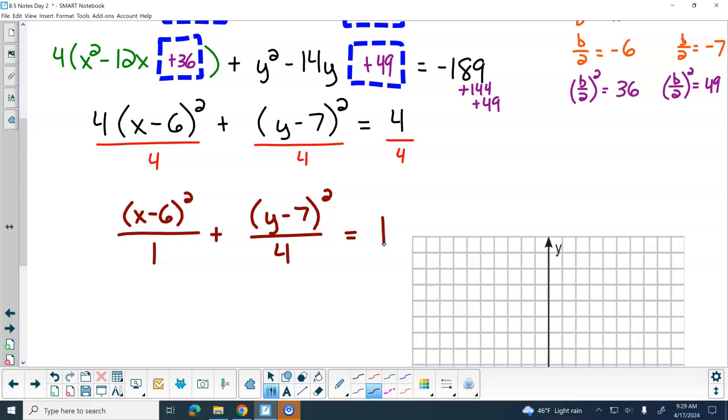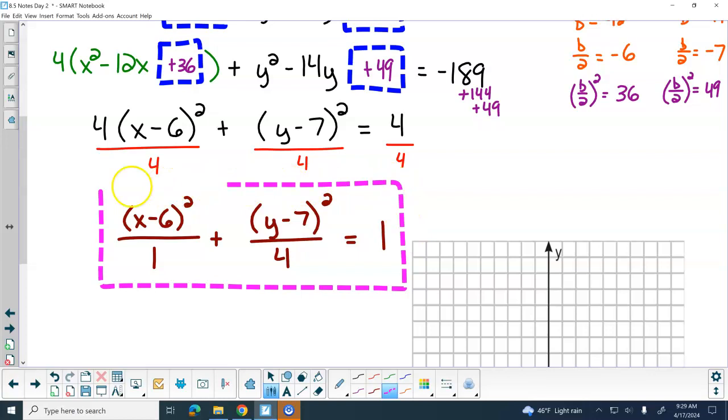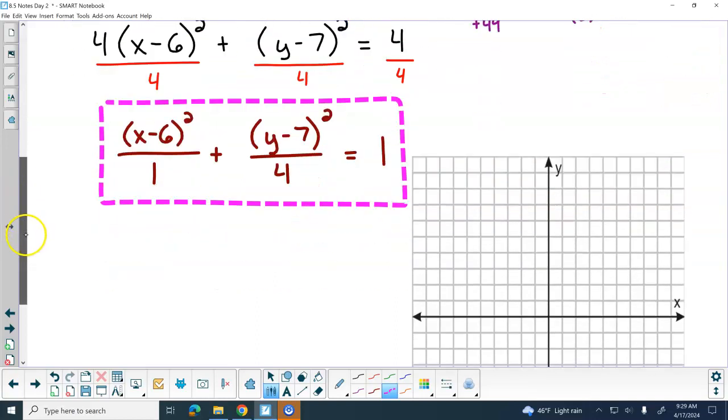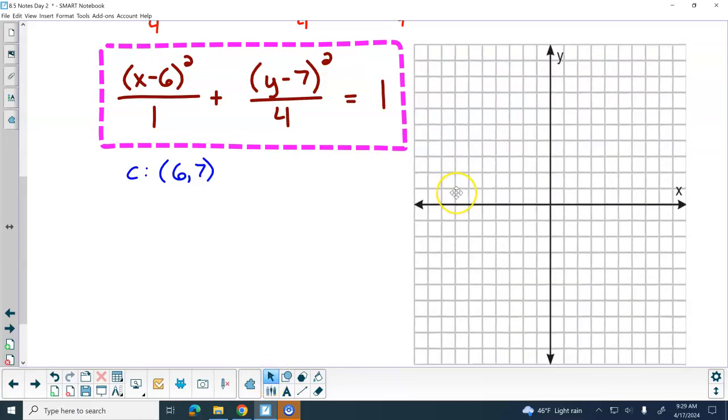Yeah. So now that is our standard form of our ellipse that we now need to graph and find all of the points for. Okay? So, where is the center on this ellipse? 6, 7. Okay? What is the A value of this one? 1.